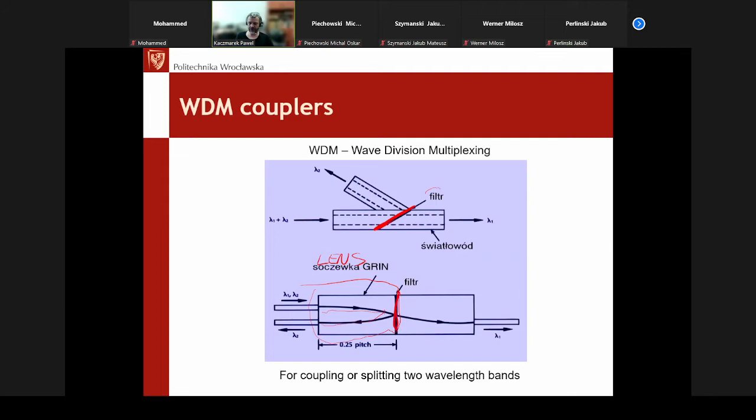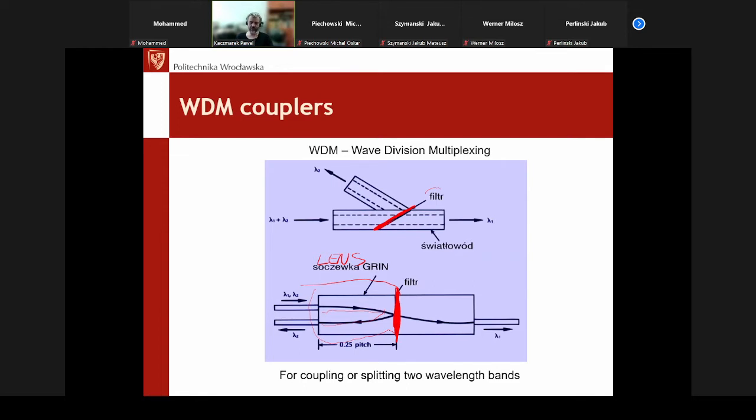And if you simply put some filtering element, some mirror, which is operating at different wavelengths, I mean, one wavelength is reflected from such a mirror and other wavelengths are transmitted. So it allows us to quite easily create these WDM couplers. This is a very typical approach to making a WDM coupler.